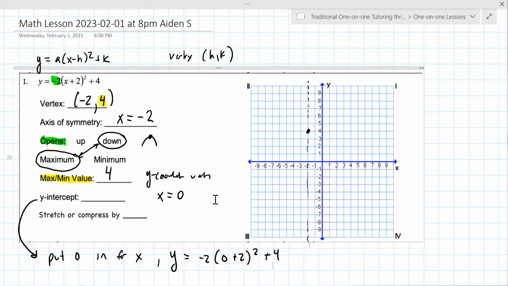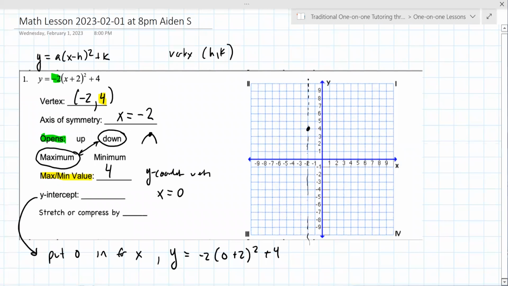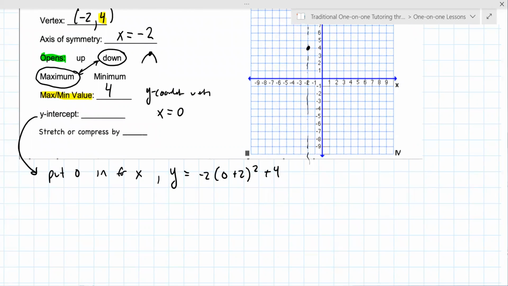Put 0 in for x. So now you've got to simplify. First, inside parentheses, 0 plus 2 is 2. Then you square it. 2 squared is 4. And then you're going to multiply it by the -2. So that's -8 plus 4, which is -4.